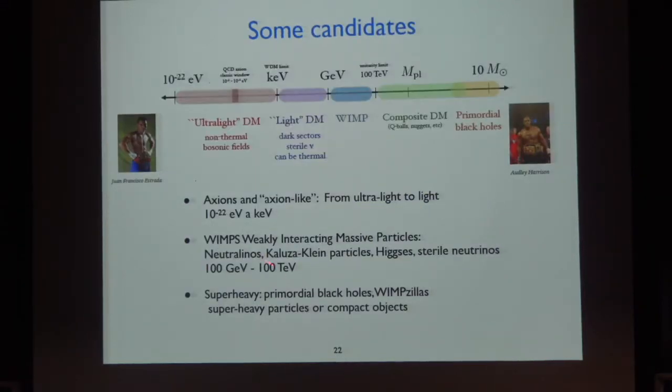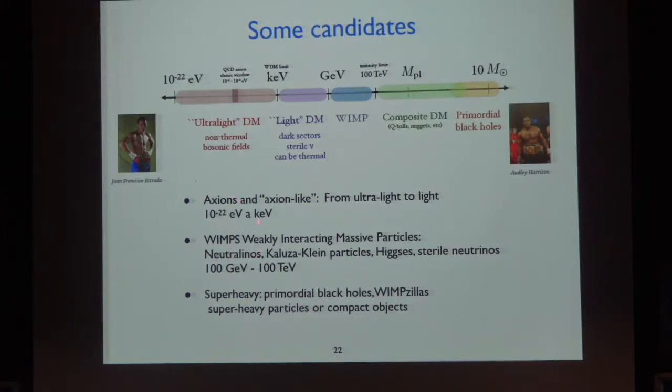And there they are, our ultralight, super flyweight, and the super heavyweight, from 10 to the minus 22 to primordial black holes, and composite dark matter here, which are very heavy. I'm not going to talk about composite models. I'm just going to talk about the ones that come from particle physics without compositeness.